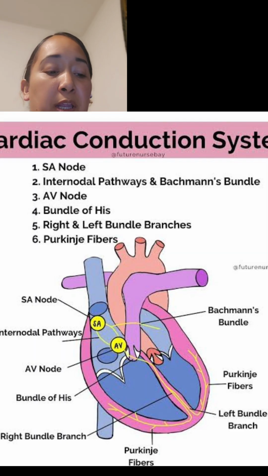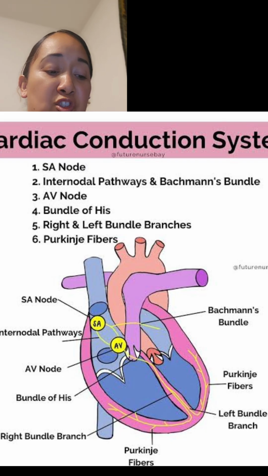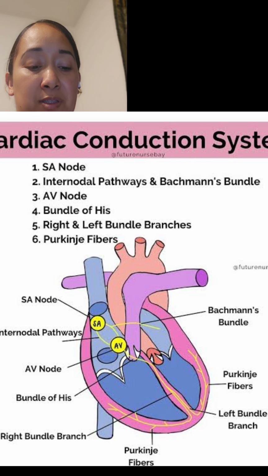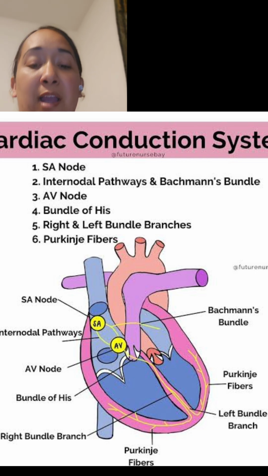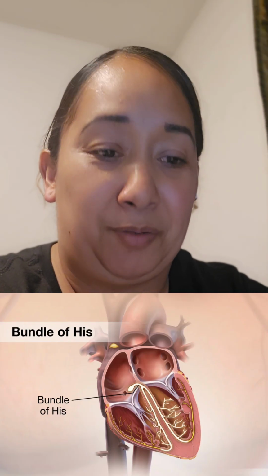The next three are called the bundle of His, the bundle branches, and the Purkinje fibers, which all carry the impulse down to the ventricles, stimulating them to contract. The bundle of His is also known as the atrioventricular bundle.